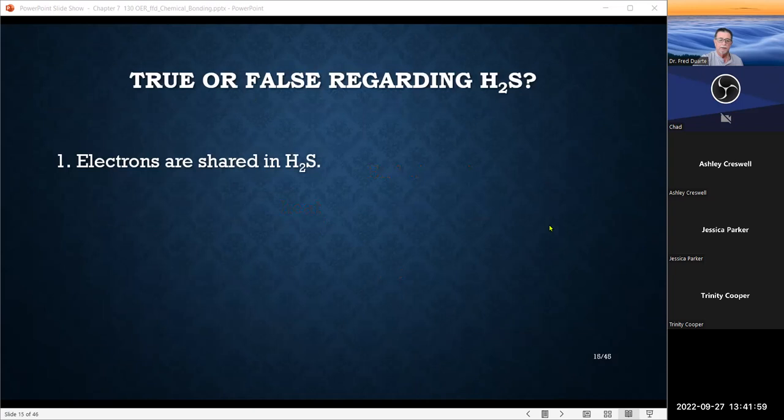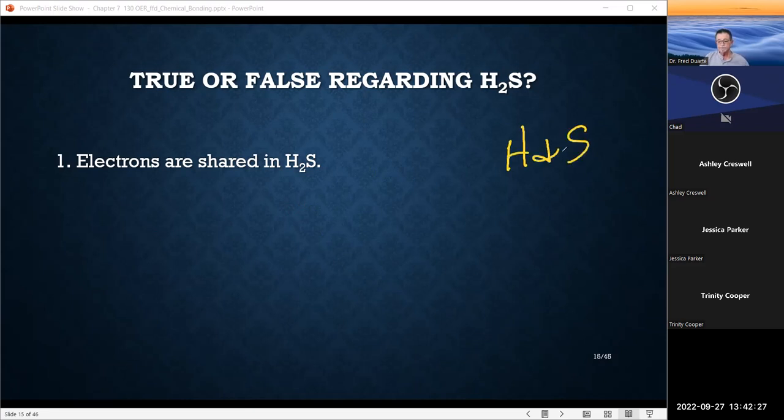All right. So with that in mind, in this example, the question is: electrons are shared in H2S. Again, you may not know what this compound is, but I'm hoping by this time you can recognize the two atoms involved, and those two atoms are obviously hydrogen and sulfur.